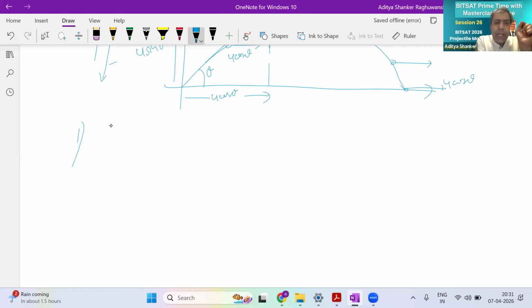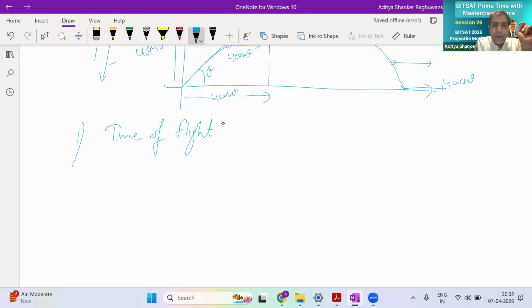Time of flight means the time for which this projectile is going to be in air. That's called time of flight. So when you have kicked the ball and it comes back to the ground, initially the height was zero, and once again when it comes back the height becomes zero. So the time between zero height and once again zero height is called time of flight.